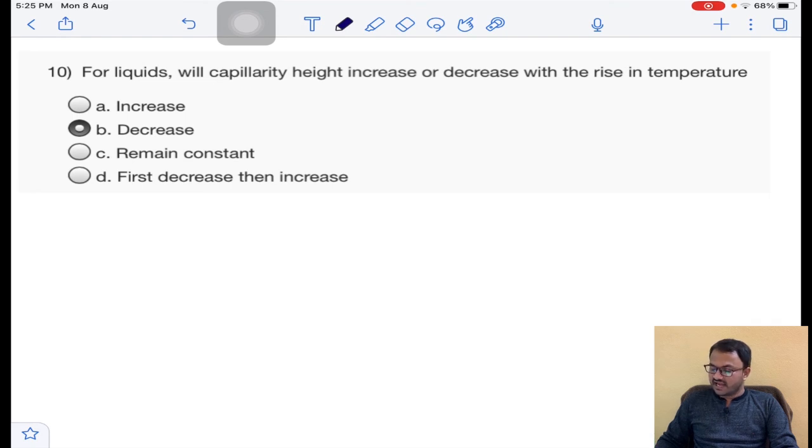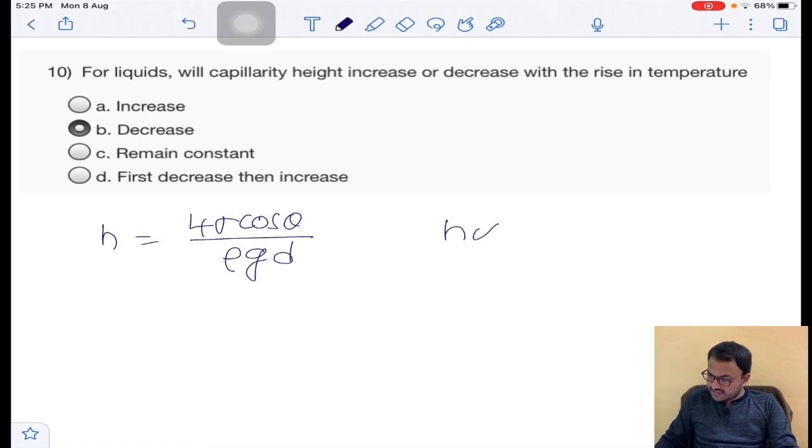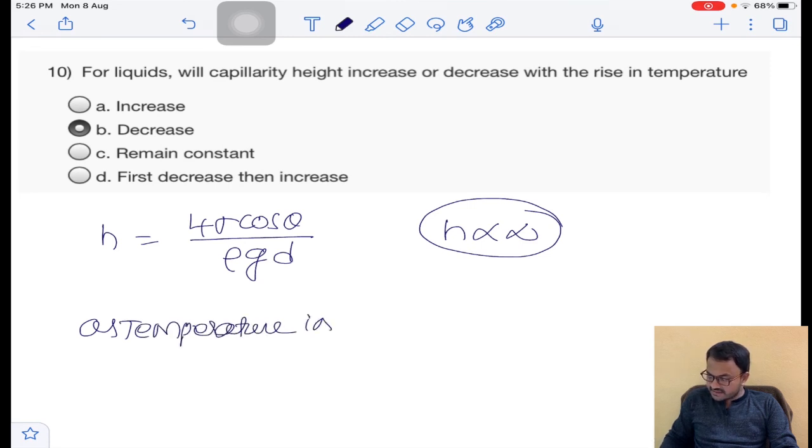For liquids, does capillarity height increase or decrease with rise in temperature? As temperature increases, surface tension decreases. So to calculate capillary rise, H is equal to 4 sigma cos theta by rho g d. That is, H is directly proportional to sigma. So as temperature increases, this is not alpha, this is sigma, sigma decreases.